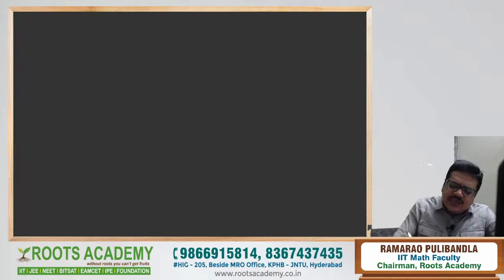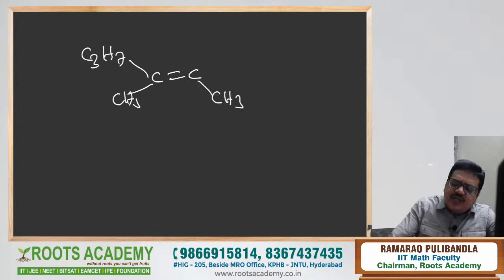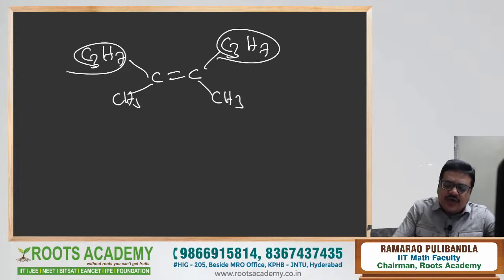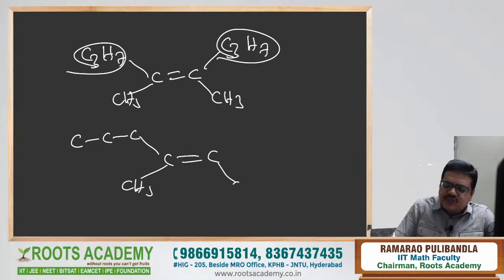Similarly, if you consider C3H7, CH3, double bond, CH3, C3H7. Whenever a compound is given like this, you write the expanded form, 1, 2, 3, CH3, double bond, CH3, 1, 2, 3.